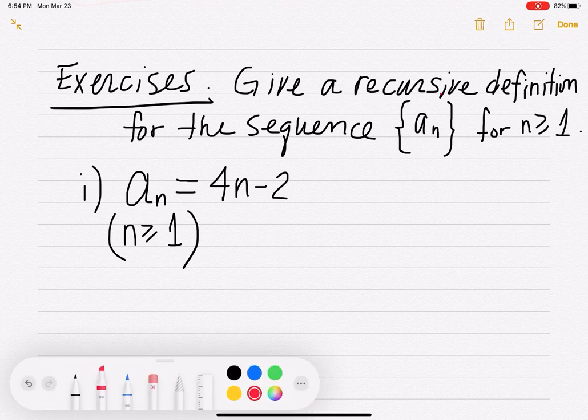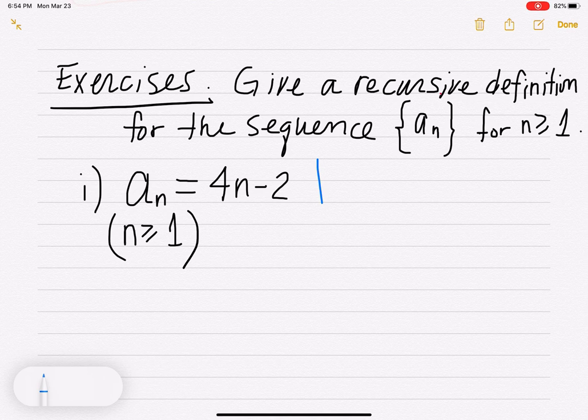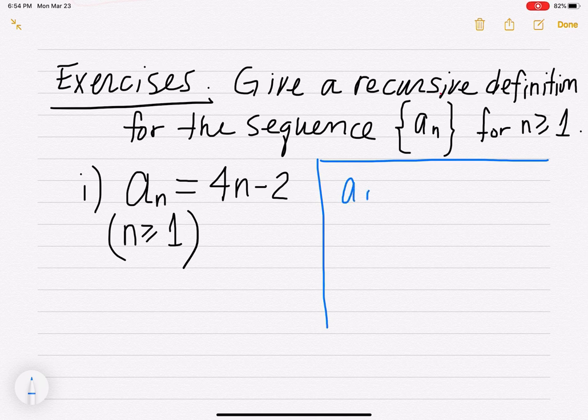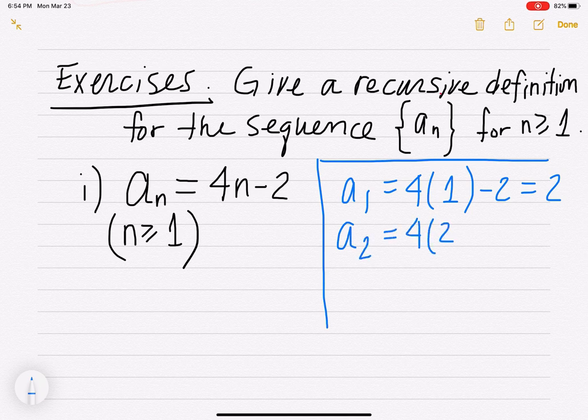So let's write some terms just to get the hang of this. First we can plug in 1. A sub 1 is 4 times 1 minus 2. 4 minus 2 is 2. Then a sub 2 is 4 times 2 minus 2. 8 minus 2 is 6.